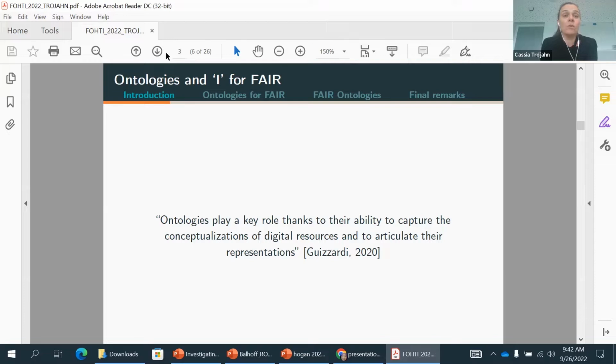Ontologies can be used to describe the semantics of the descriptions of the data that are being described. You can go to the next slide.